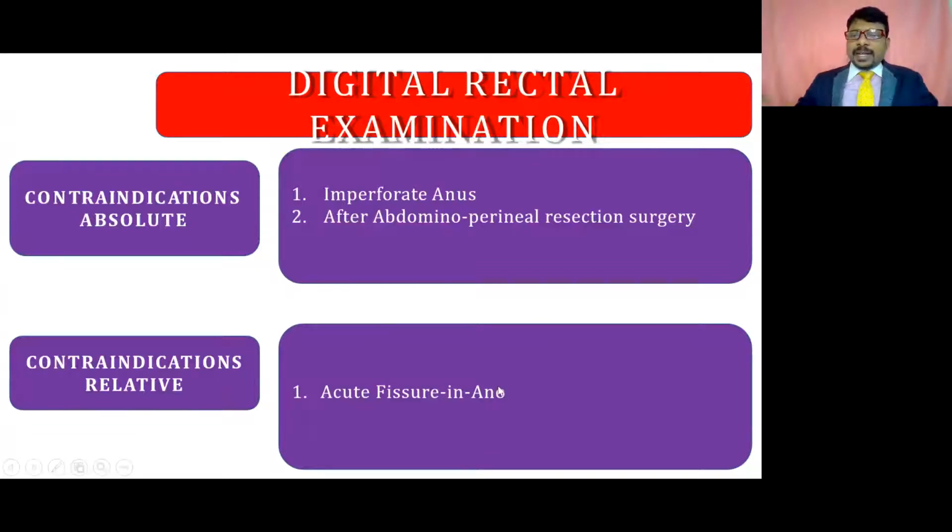Coming to the contraindications, when we should not do digital rectal examinations. In case of an imperforate anus and after abdominoperineal resection surgery.